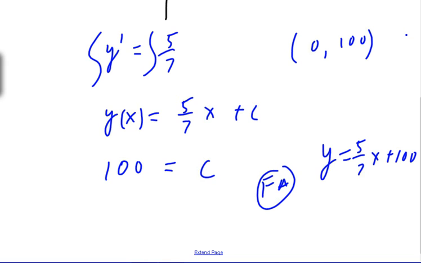Number 9. A stone is dropped from a height of 100 feet. There's my stone.